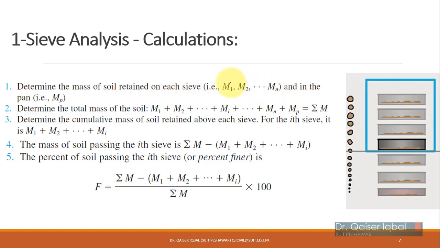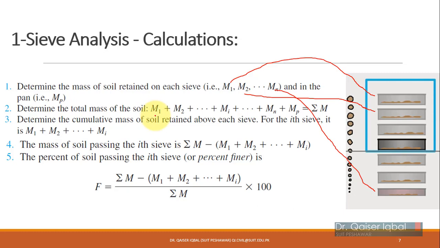So, for example, M1 will be the mass on this sieve, M2 will be the mass on sieve number 2, M3 on sieve number 3, M4 on sieve number 4, and similarly Mn will be on the last sieve, and Mp will be in the pan.